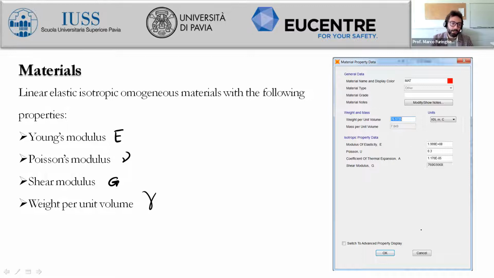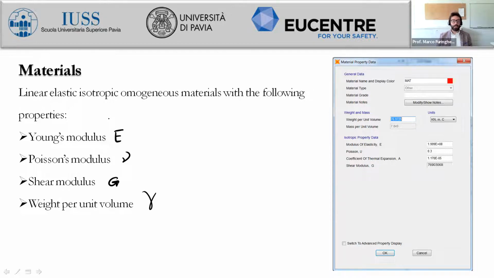There are a number of materials which are defined according to different standard codes worldwide. But generally, since this is just a linear elastic isotropic homogeneous material, we can define them in the easiest way just by setting these 4 parameters.